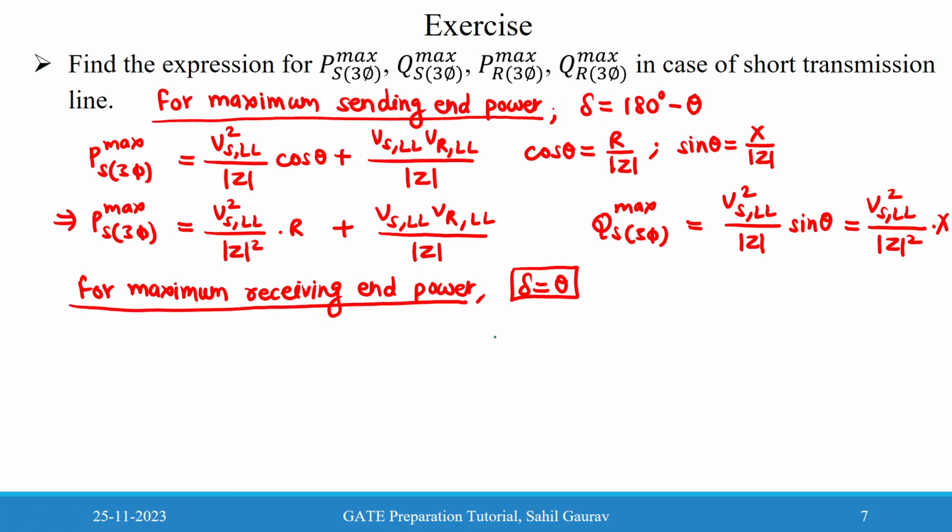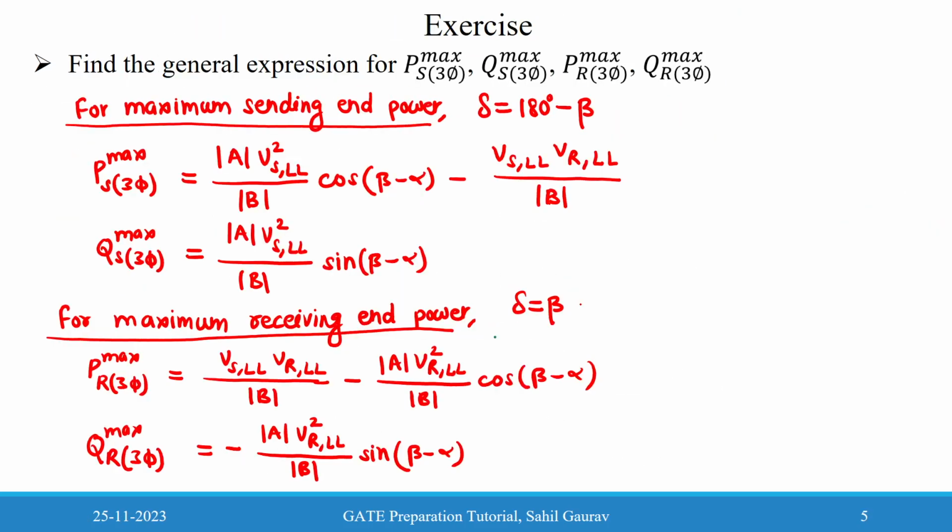For finding the maximum sending end power, you have to put delta equal to 180 degree minus theta, and for receiving end we have to put power angle equal to impedance angle. And for the general case, we are writing the angle of B, so that is delta equal to 180 degree minus beta, and for the receiving end power we are putting delta equal to beta.